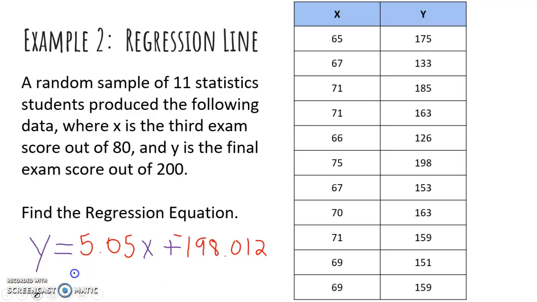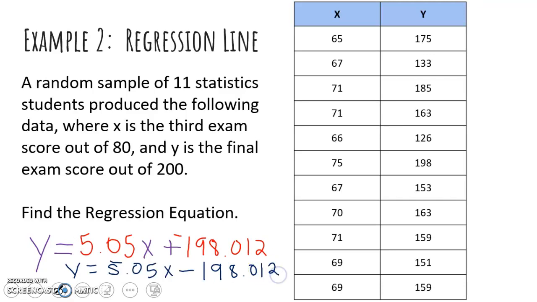You can also write it this way: y equals 5.05x minus 198.012. The difference here is instead of saying plus a negative, we're writing just a minus sign.